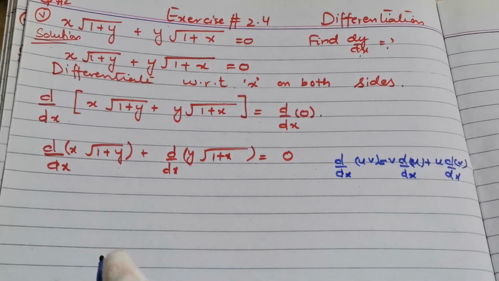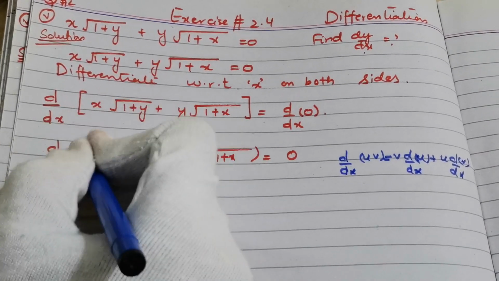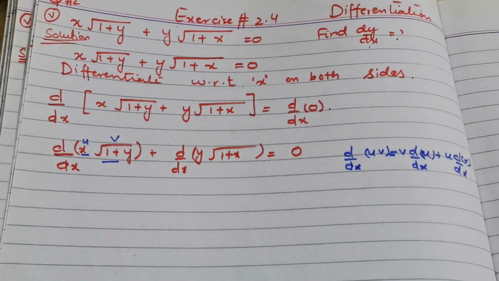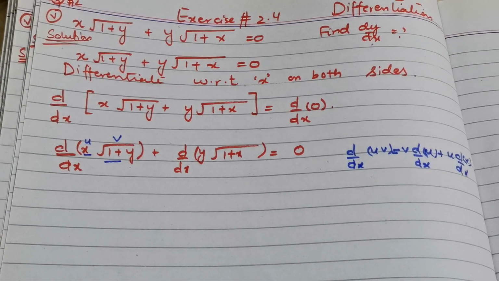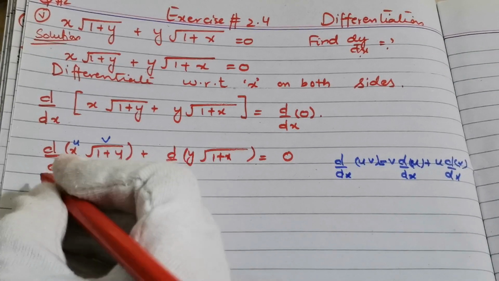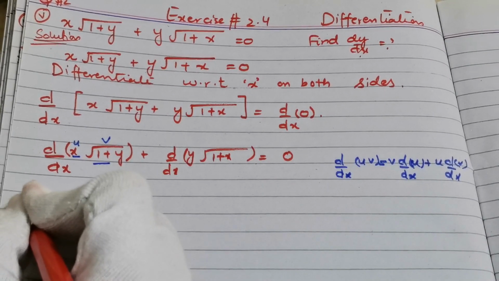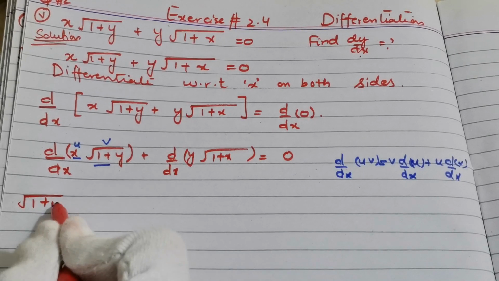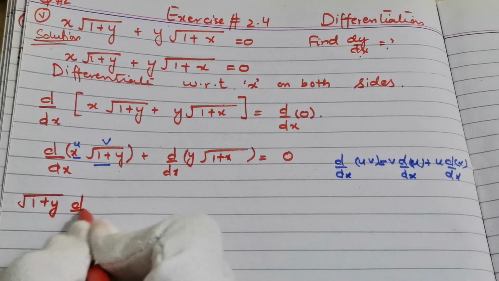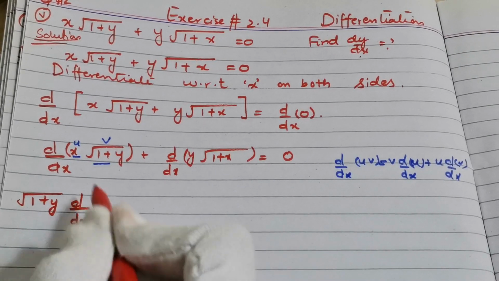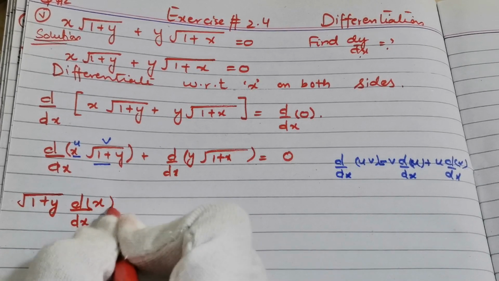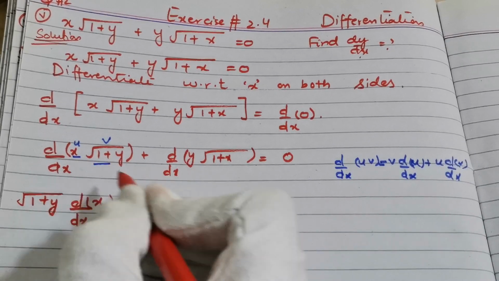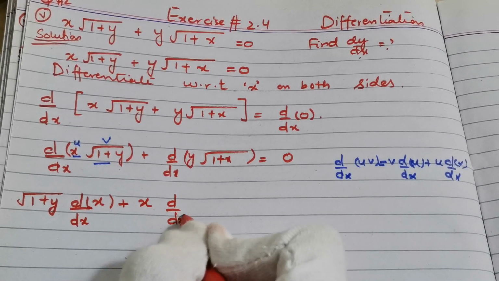This term we consider u and this term we consider v. According to this rule, v is under root 1 plus y, derivative of u is 1, plus u is x, derivative of v.